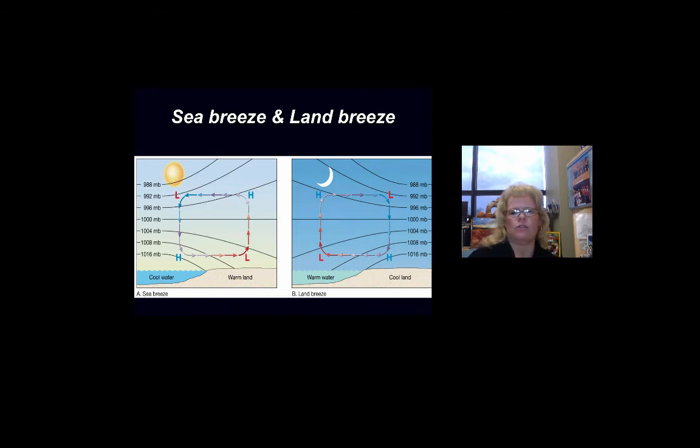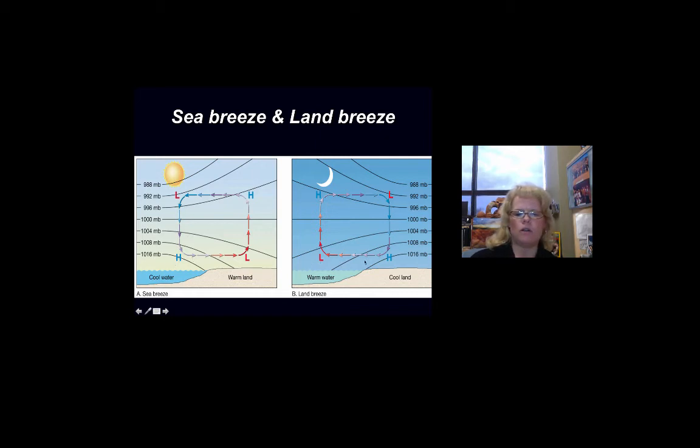Another thing to consider is sea breezes and land breezes and how they impact wind patterns. A sea breeze blows cool air from the water onto warm land, and that causes unequal heating. Notice that you'll get your low pressure system on land right here, and as that air rises, it becomes a high pressure, comes back over to the water, and comes back down to the water down here during the day and makes a high.